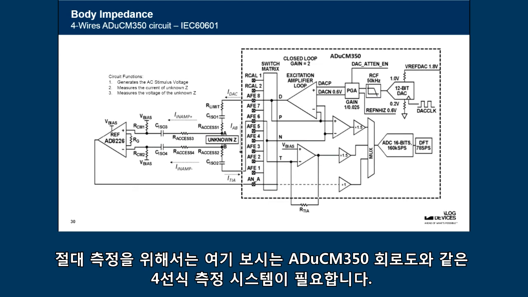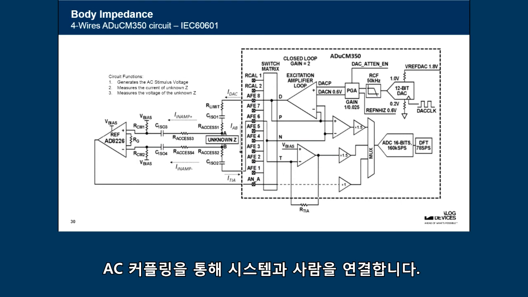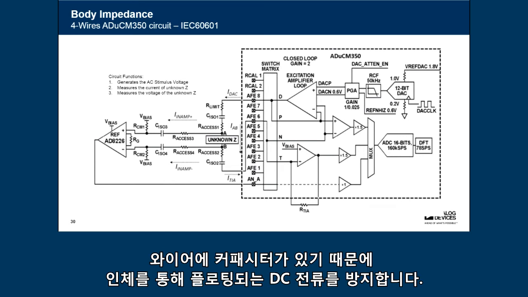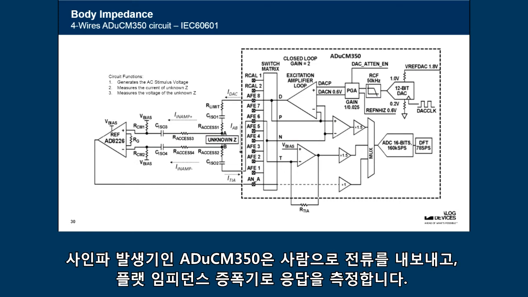You see that we have an unknown Z, which in this situation is a person, and we have connected this person to our system through AC coupling. So we have capacitors in the wires to prevent DC currents from flowing through the body, and that's required to meet the IEC 60601 standard. In this ADuCM350, there is a sine wave generator that pushes the current through the person.